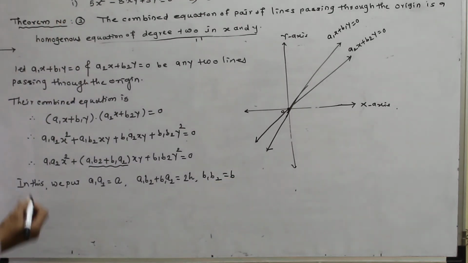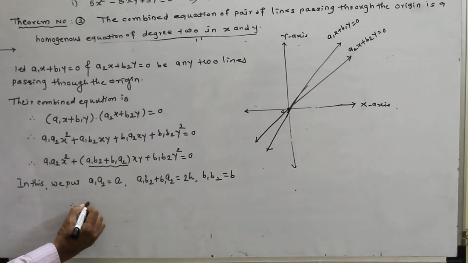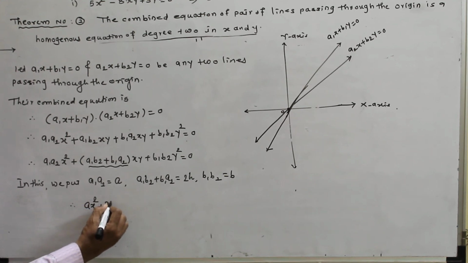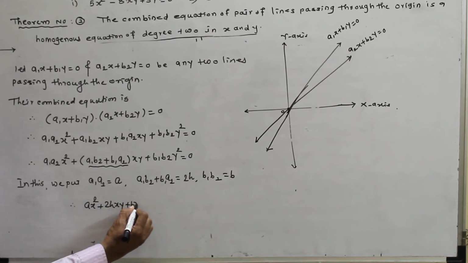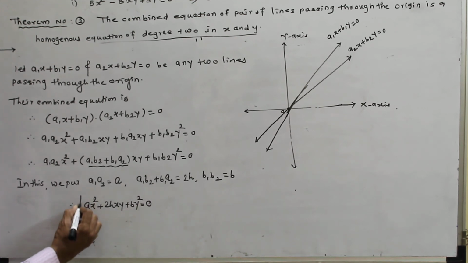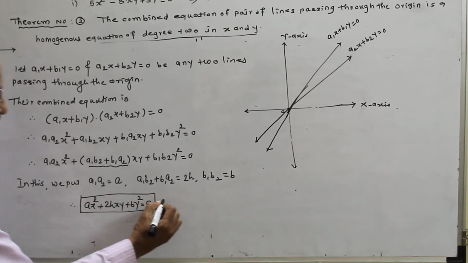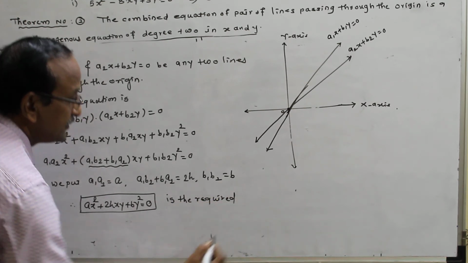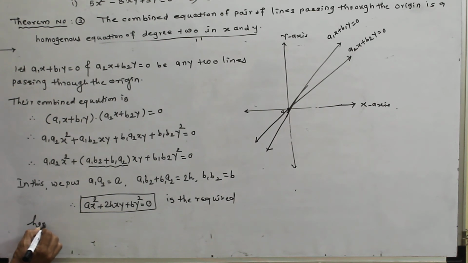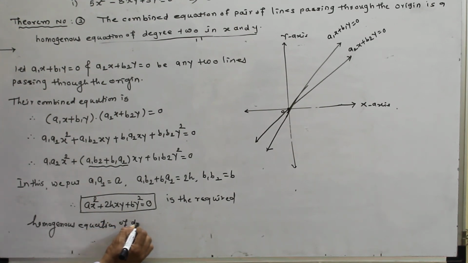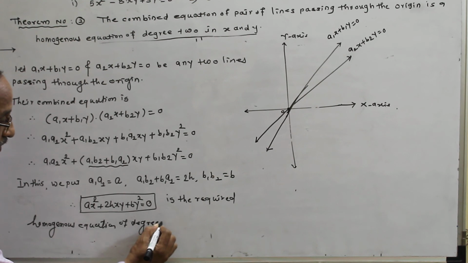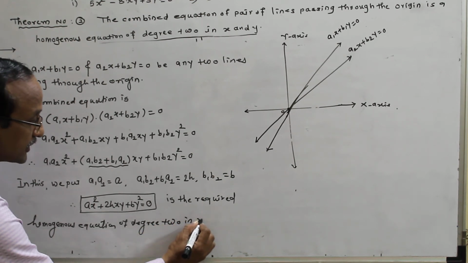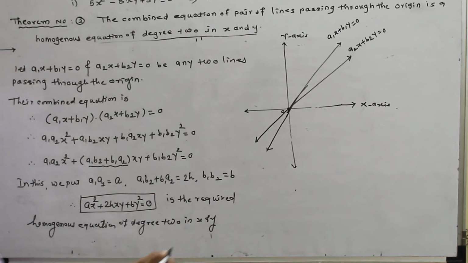So now substituting here, we get ax square plus 2hxy plus by square is equal to 0, which is the required homogeneous equation of degree 2 in x and y. In this way we prove it.